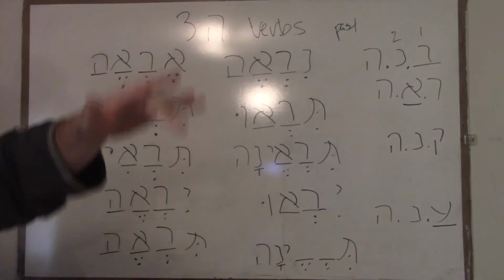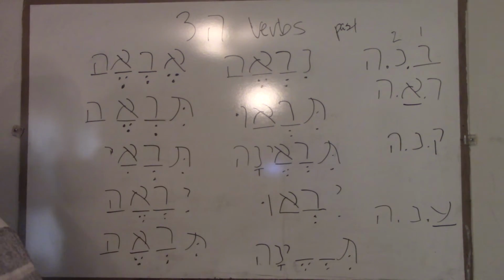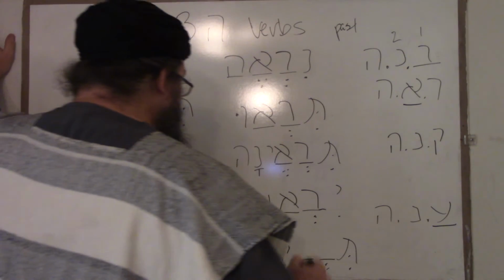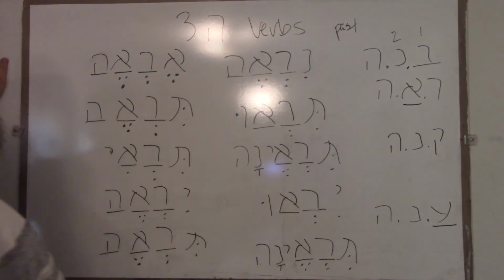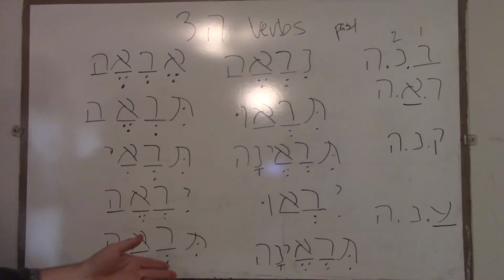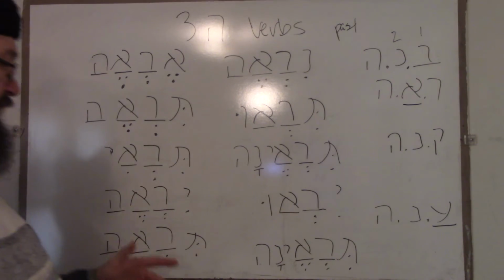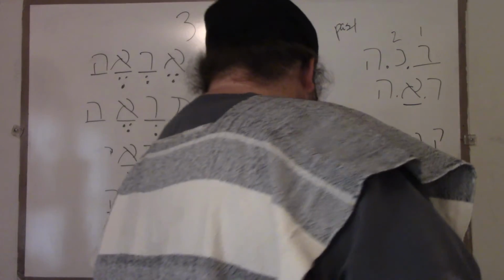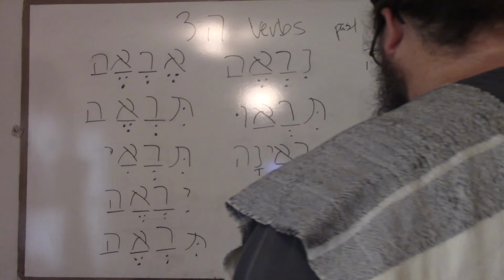Yiru, they will see, or they should see, or they could see. Alright? And then lastly, tirena, they, feminine, will see. Okay? Tirena.